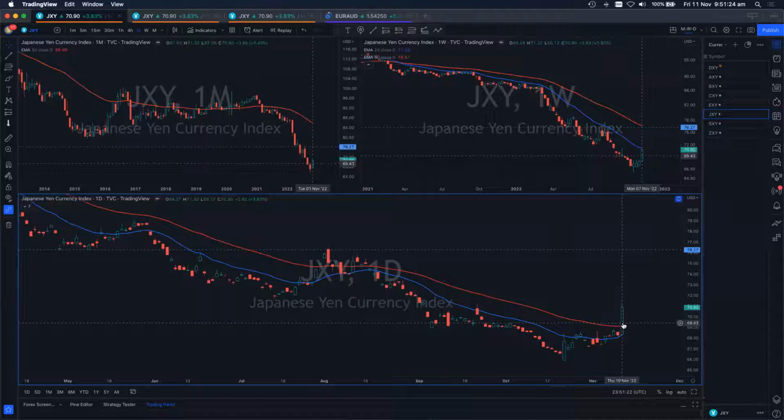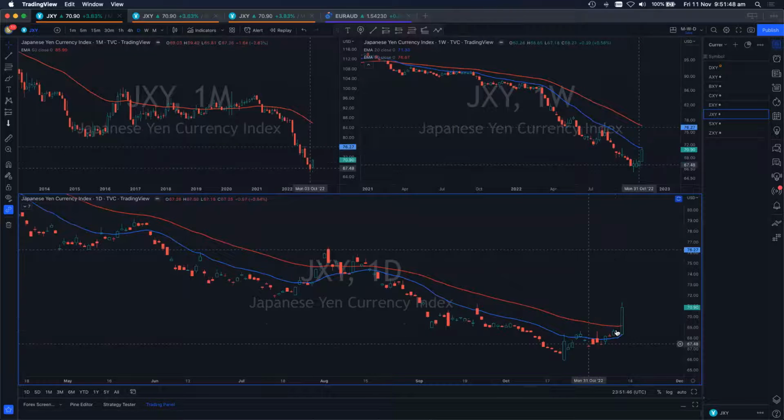I don't cover fundamentals much, but the yen has a different, their government have a different inflation policy to pretty much the rest of the world. They're not raising rates. So therefore it seems to act differently than the others. And we had a really bullish day yesterday, a massive increase there.